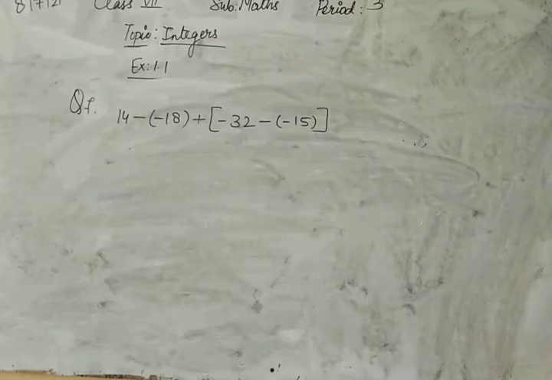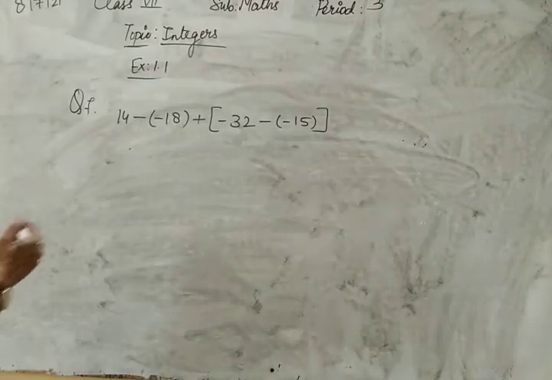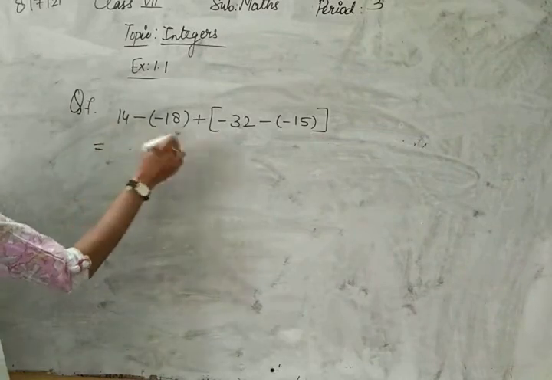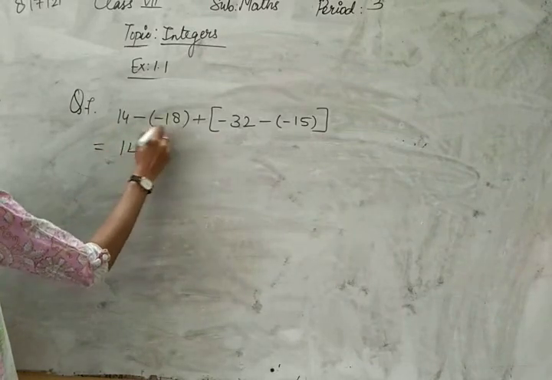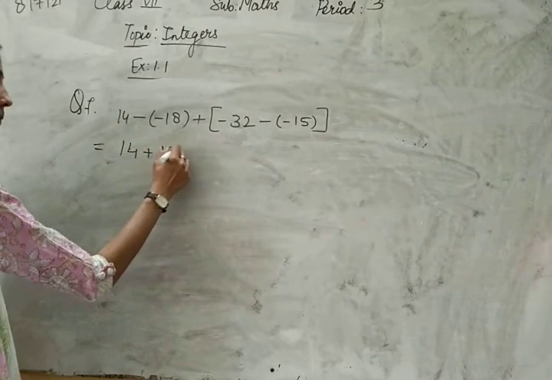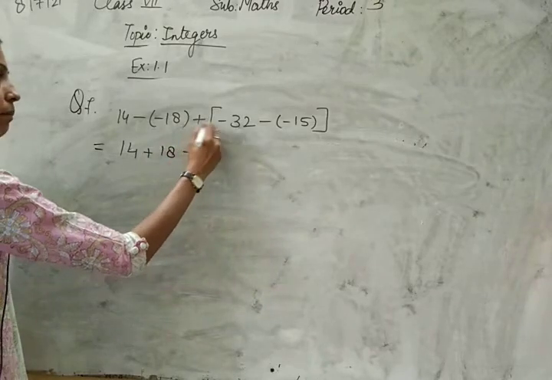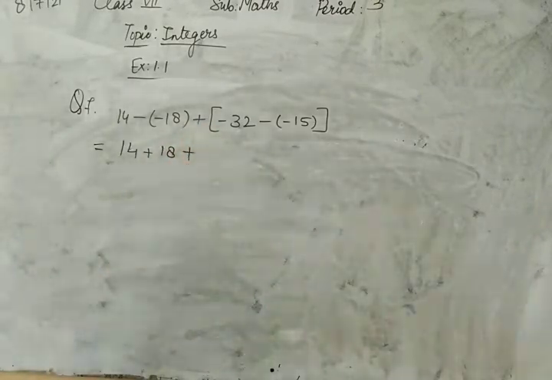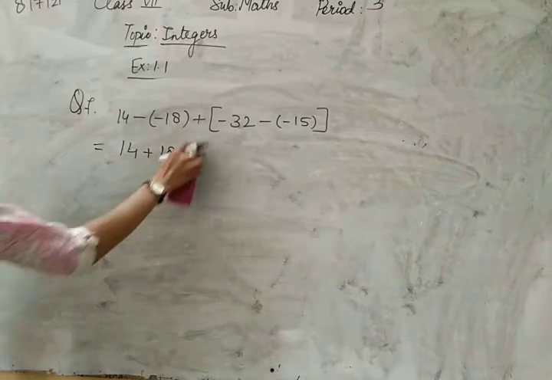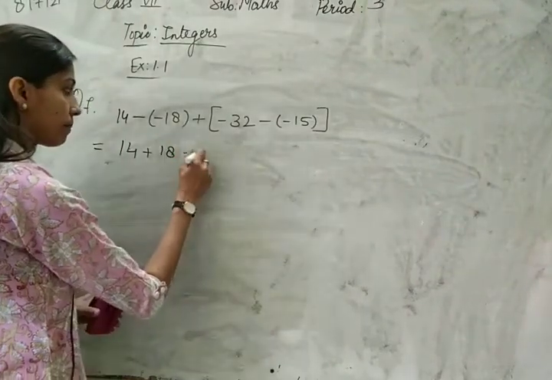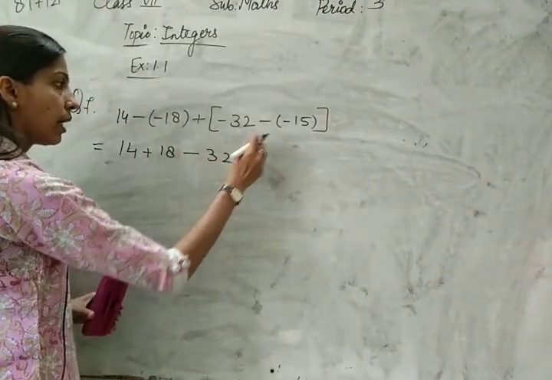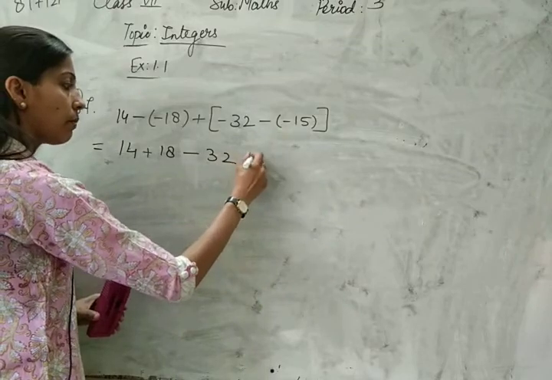Now in the seventh question we have to simplify. We have to solve the equation. 14 minus minus will become plus, plus 18, plus minus will become minus, plus minus will become minus 32, and this minus minus will become plus.